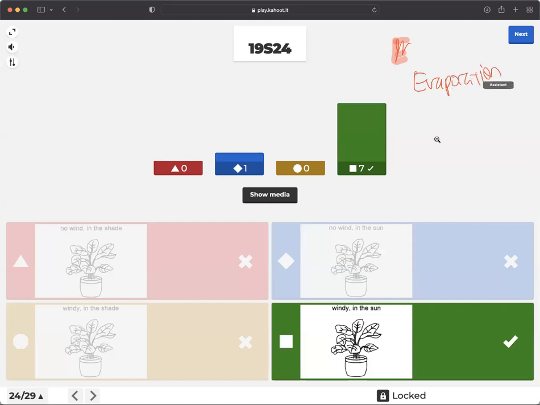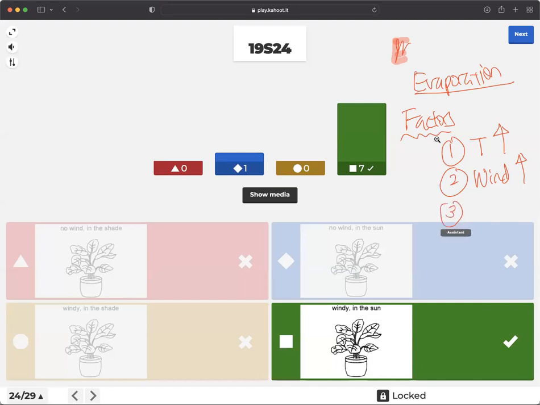Let me write down the factors that affect evaporation. Can you tell me what the factors are? 1, temperature: high temperature, high evaporation. 2, wind: high wind, high evaporation. What are the other factors? 3, surface area: higher surface area, higher evaporation. 4, humidity.